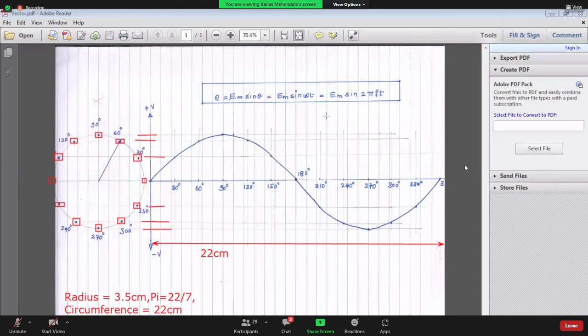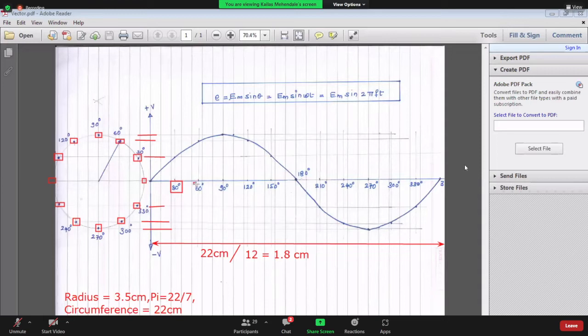Then number 3: I divided the circumference into 12 equal parts, just as I divided the circle into 12 equal parts. So each part came out to be somewhere around 1.8 centimeter. With that, I marked the degrees over here, 30 degrees, 60 degrees, likewise.